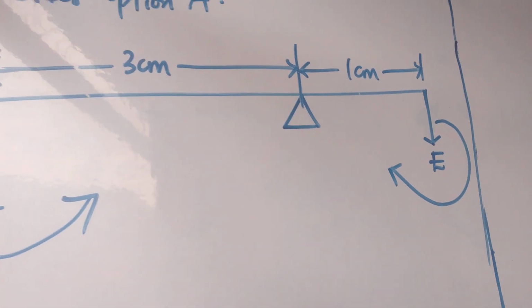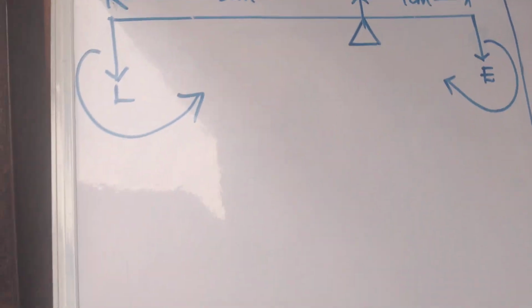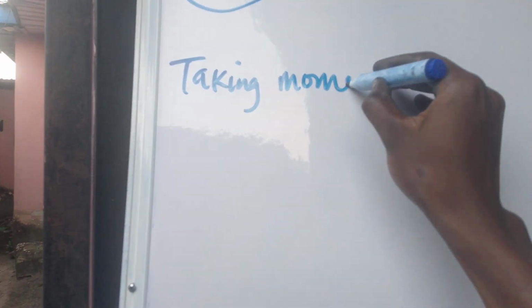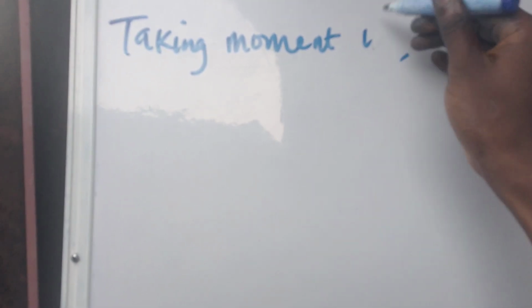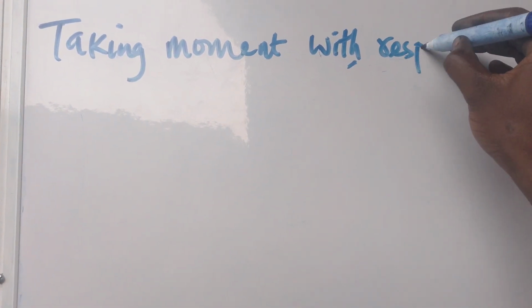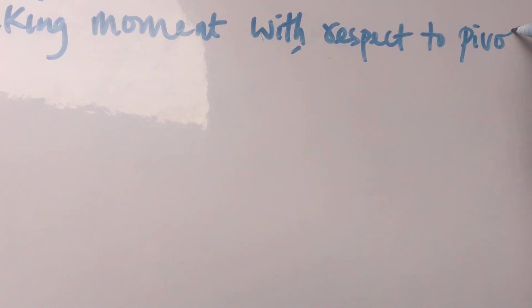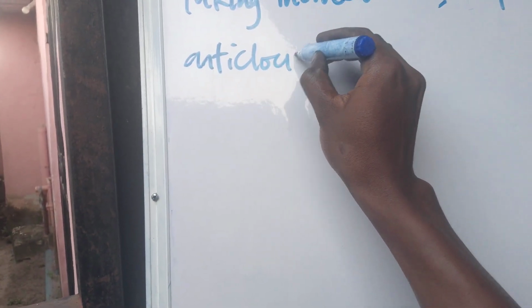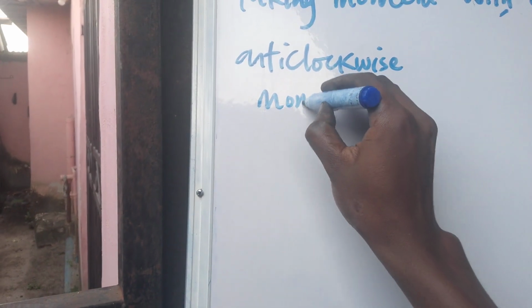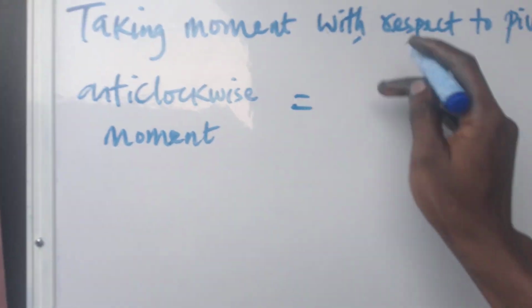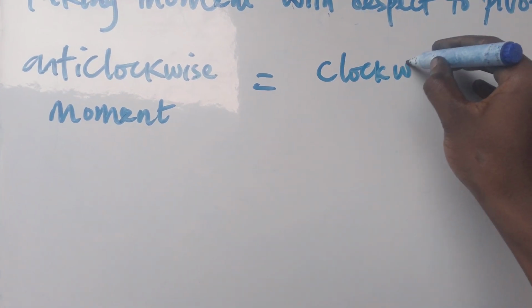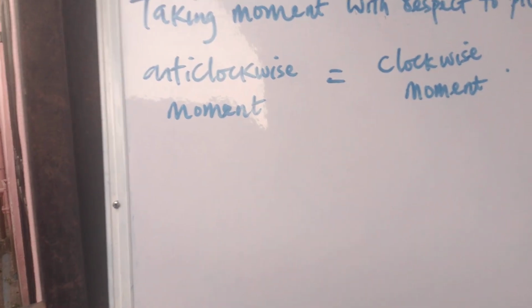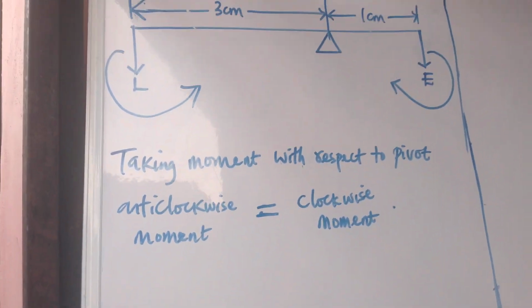So taking moment with respect to the pivot, the principle of moment tells us that anti-clockwise moment is equal to clockwise moment.